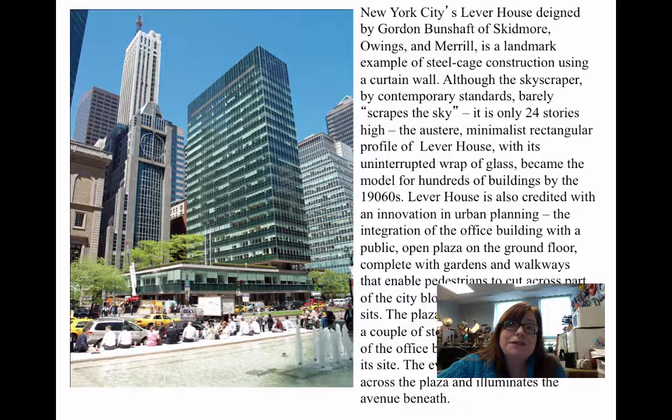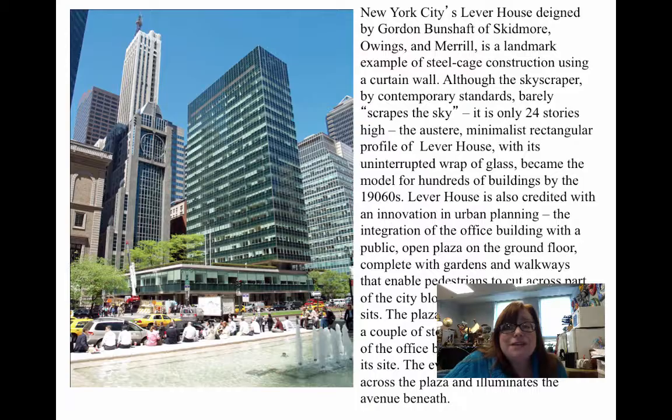So this is New York City's Lever House, designed by Gordon Bunshaft of Skidmore, Owings & Merrill. And it is pretty much a textbook landmark example of steel cage construction using a curtain wall. And although the skyscraper is only 24 stories high, it's got that very minimalist rectangular profile that we see, typical of hundreds of buildings by the 1960s.